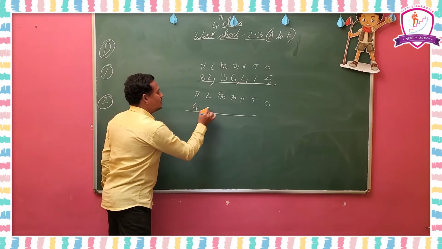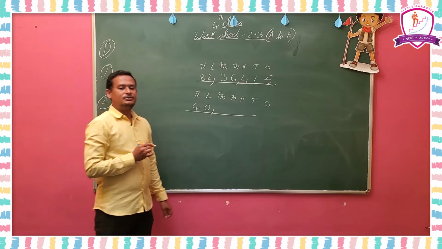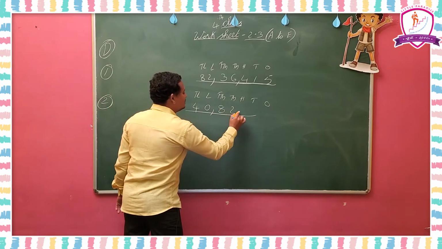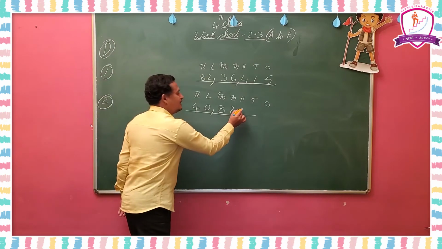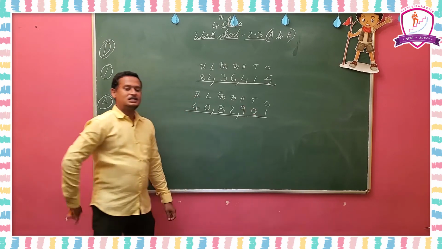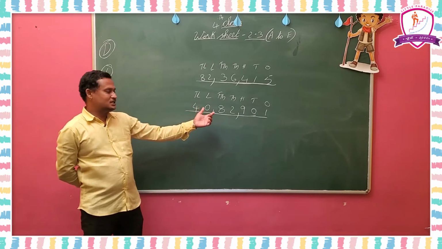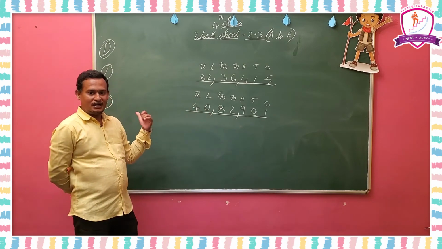So you write 40 in the lakhs period, and next 82,000 in the thousands period, and next 901: 9 in the hundreds place, 1 in the ones place. What about the tens place? Tens place is not given, so we have to write 0 in the tens place. Understood? Like that you have to write the number for the number name.